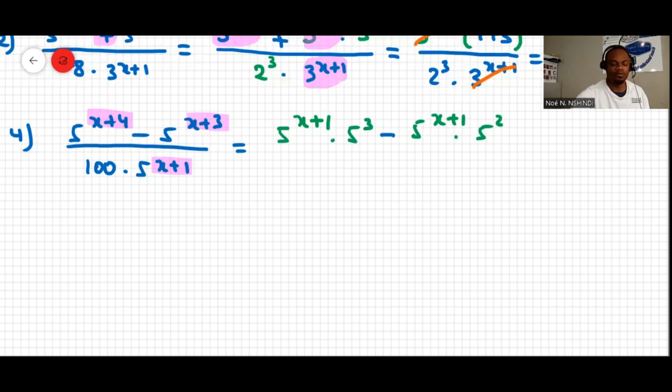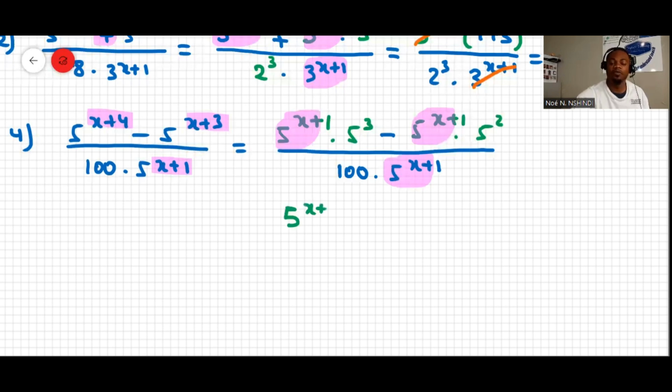Then all over 100 multiplied by 5 to the power of x plus 1. Now, the strategy was to have this, this, and then that. Now we can simplify. We can take 5 to the x plus 1 as the common factor.